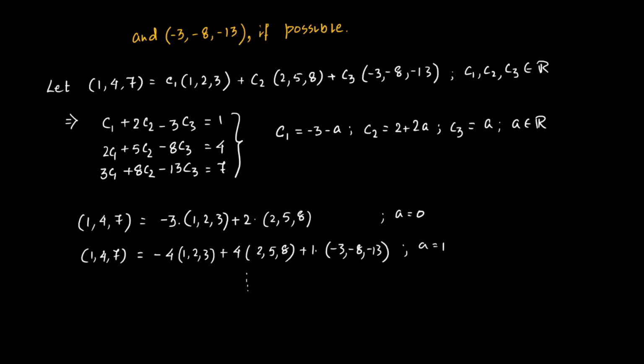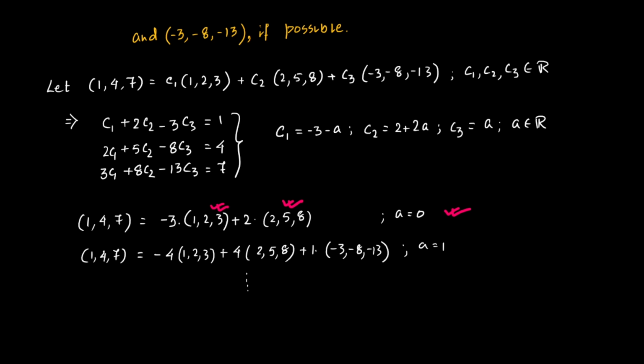Now this case is very interesting. If you look at the representation for a equal to 0, this one, you can understand that the third vector is actually not needed here to represent (1, 4, 7). I can represent (1, 4, 7) in terms of these two vectors only.